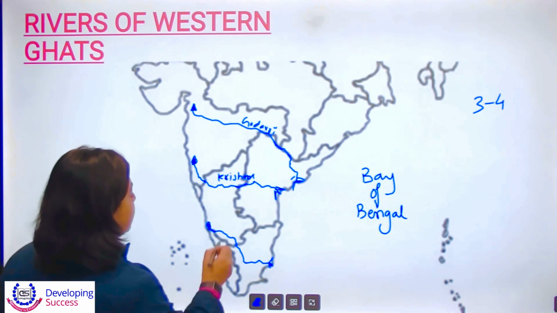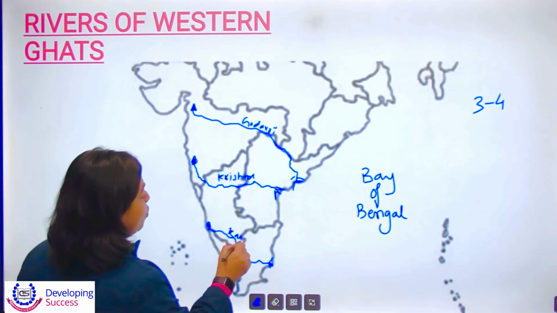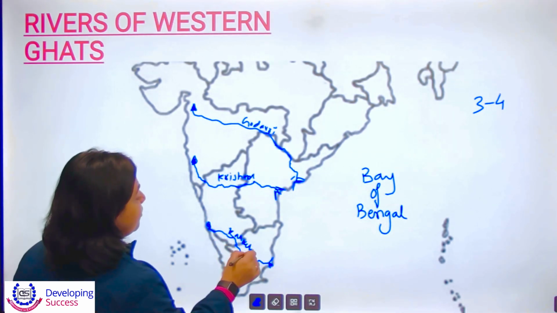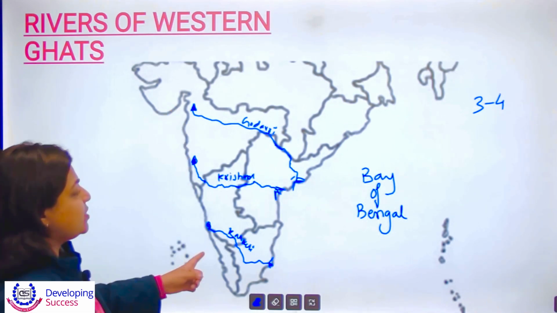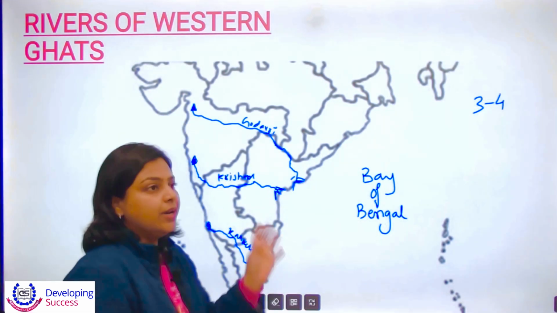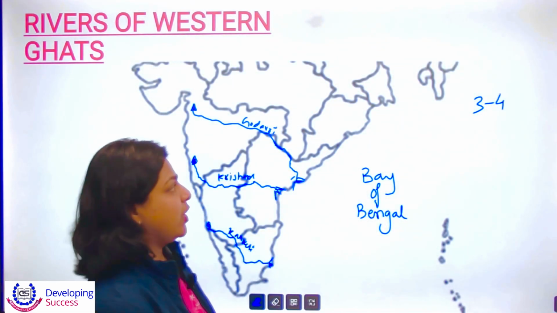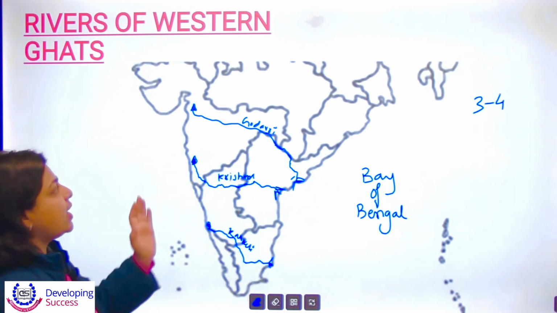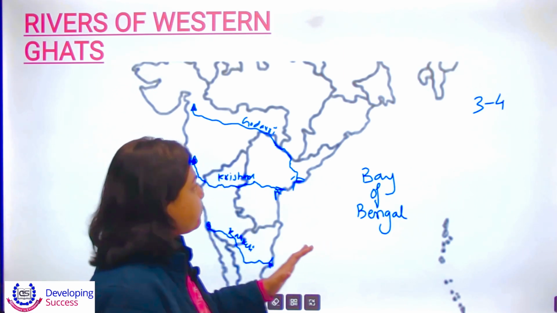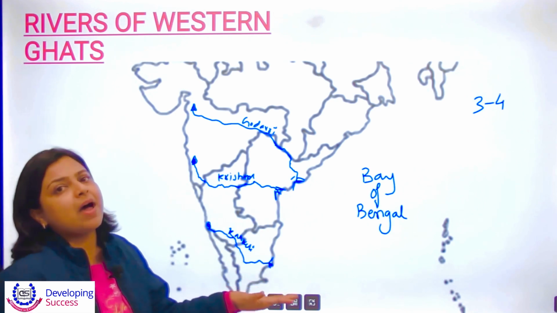So these three are the important rivers: Godavari, Krishna and Kaveri. All are starting from Western Ghats, flowing eastward and going into the Bay of Bengal. So what they are doing is they are actually eroding the eastern part of the Western Ghats.